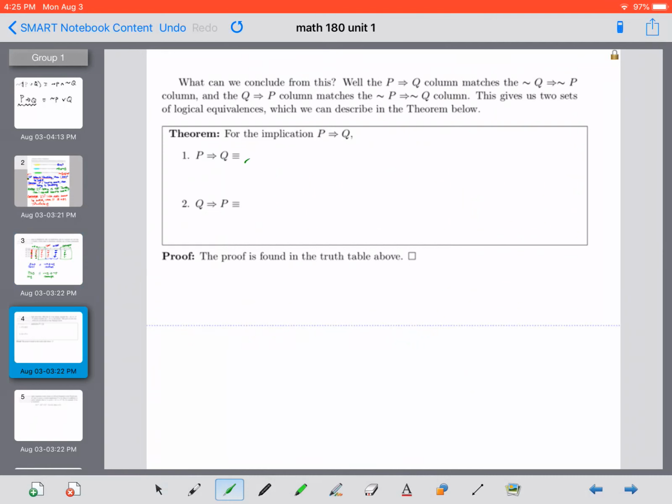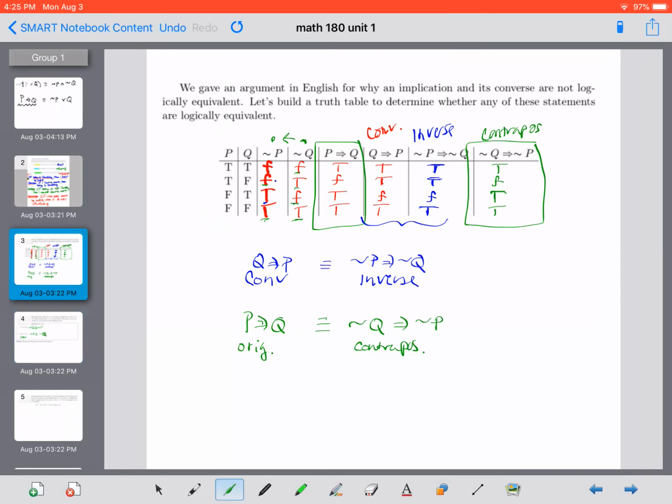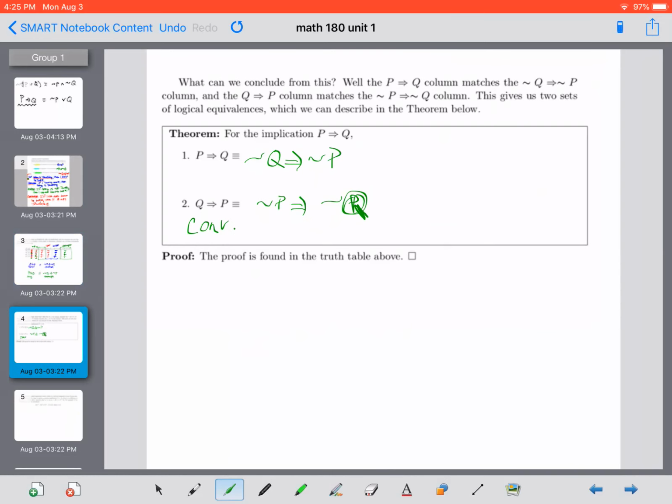That is, not Q implies not P. So a statement is logically equivalent to its contrapositive. We also have that Q implies P, your converse, is going to be logically equivalent to the inverse, not P implies not Q. And the proof of this is just what we saw in the last table. This truth table proves that this is the case.